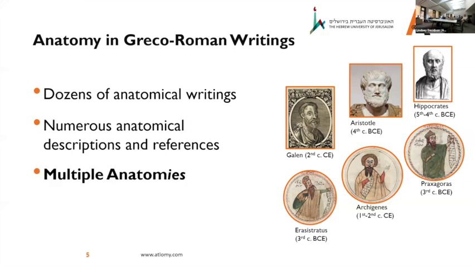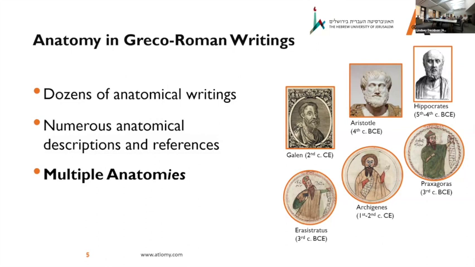And when we talk about Greco-Roman anatomy, we actually should be talking about anatomies in the plural, because each author in antiquity who is researching the body and opening it up and looking at it is understanding the inside of the body in his particular way, and is using his own terminology to describe this anatomy. Sometimes it's similar to other writers in antiquity. Sometimes it's a bit different.